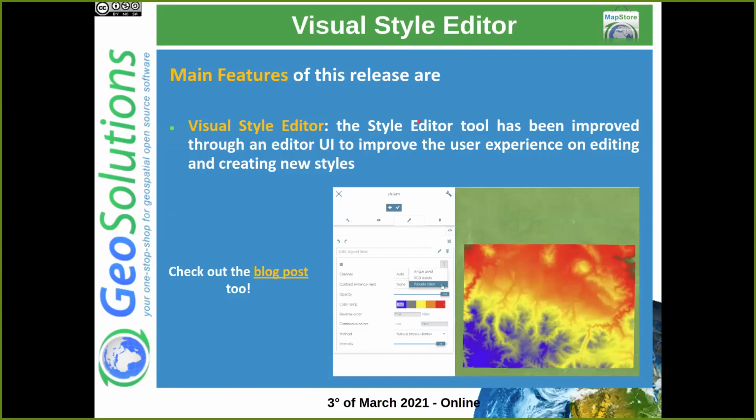Another main feature is the visual style editor. This helps the user to create the styles for WMS layers, so it interacts with the REST API of GeoServer and some backend services, as the old SLD CSS editor did, but this time we have some graphical tools to help the creation of a style in a few clicks.